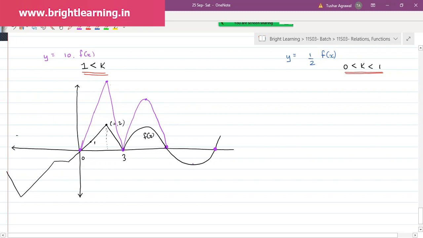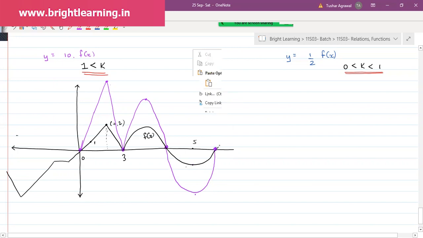Here for the negative point, for x equal to, let's say, 5, the black image was, let's say, -1. Now the purple image will be even more negative. So the downward U is more stretched.